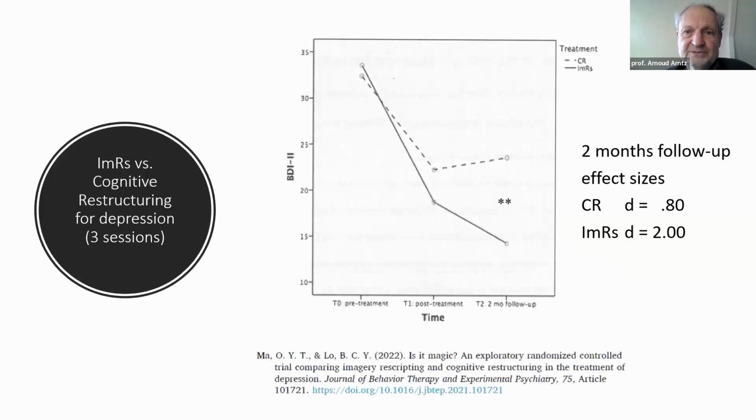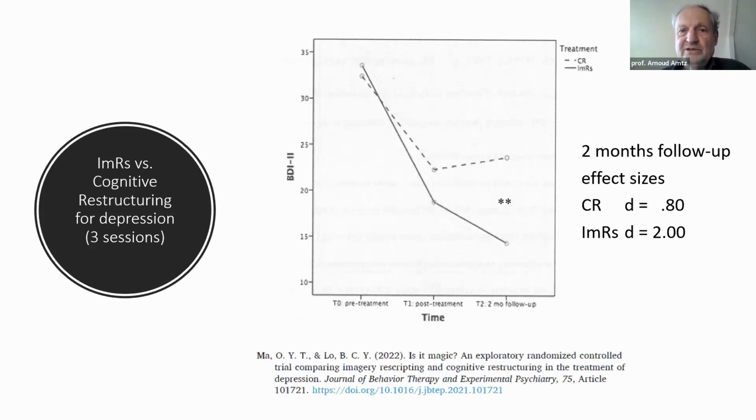How about depression? Well, depression has also been an area of research now, and it's very important that we study this because of the higher relapse rates after initially successful depression treatment. This is a study from Hong Kong where cognitive restructuring in 3 sessions was compared to 3 sessions of imagery scripting.